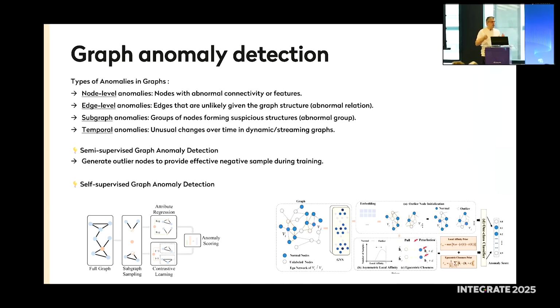At the edge level, if there is a clear transition that is not possible, that is very easy to catch. The more complex one is the subgraph, because if you want to run this graph anomaly detection at scale, you need to define what the outlier subgraphs are. That's the point where you have semi-supervised graph anomaly detection. Because it's difficult to know what those outlier subgraphs are, one technique is to create fake subgraphs on purpose.